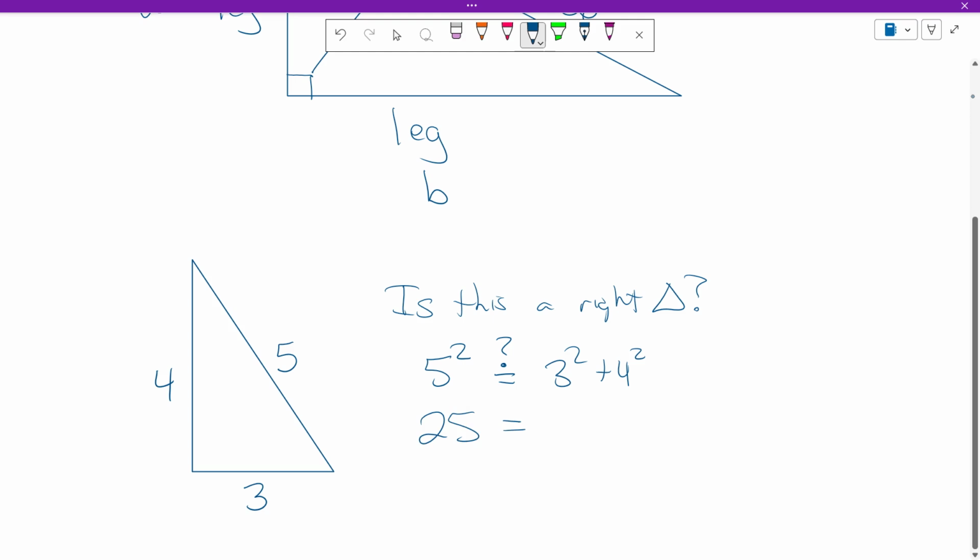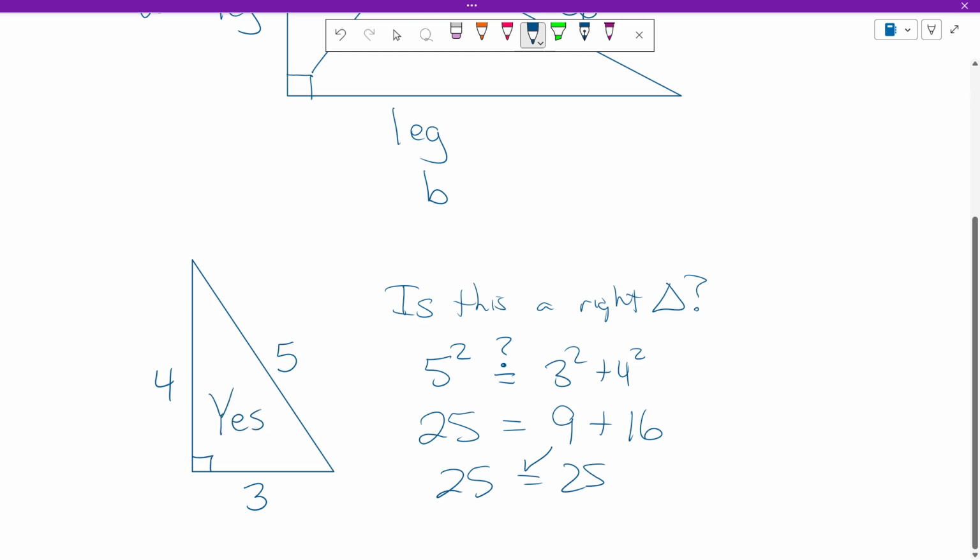3 squared, Ben? 9. 4 squared, Anthony? What's 4 times 4? 16. What's 9 plus 16? 25. Is 25 equal to 25? Yes. So, yes, this is a right triangle.